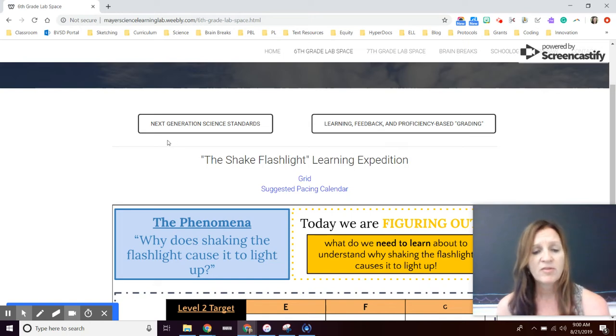Very quickly, the Next Generation Science Standards are standards that were adapted nationally and released in 2013. The state of Colorado adopted these science standards for K through 12 science teachers about a year ago now. They will be implemented across the state no later than the academic year of 2021-2022.